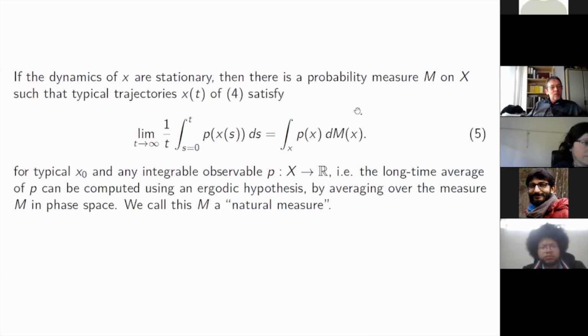This is a measure such that if we take any observable, then averaging over typical trajectories will give us the mean we would get if we averaged over the measure.